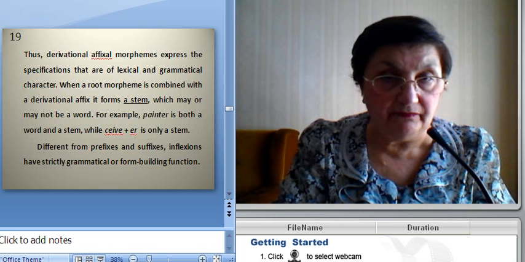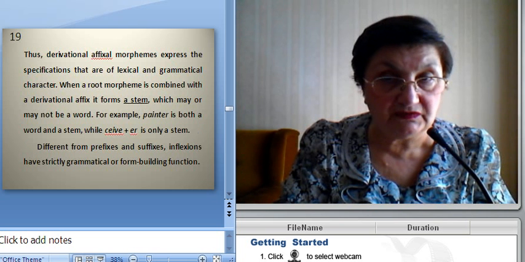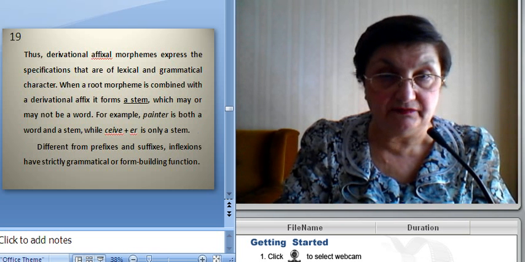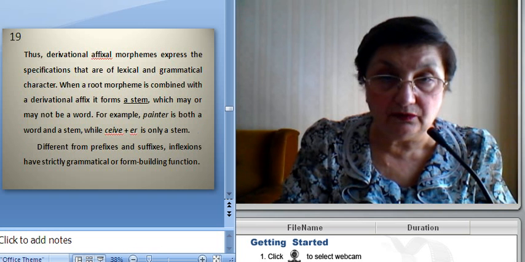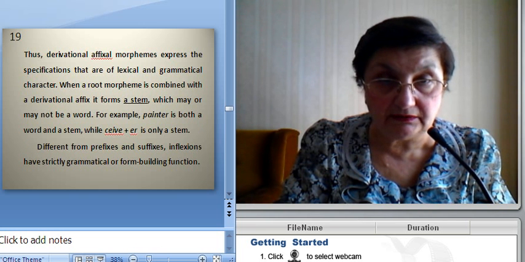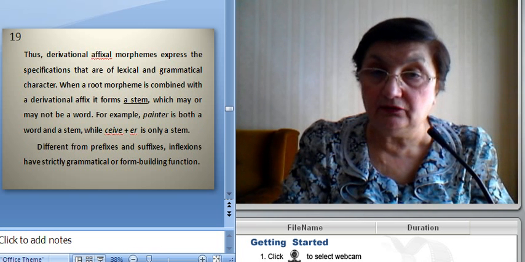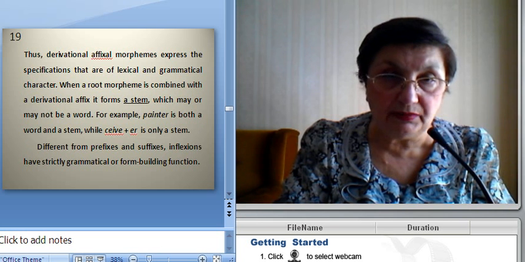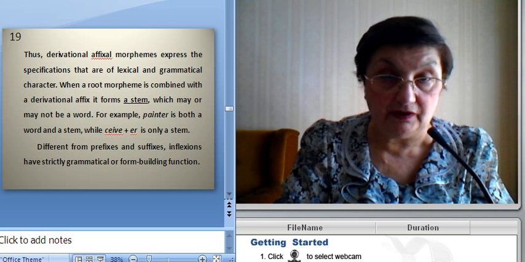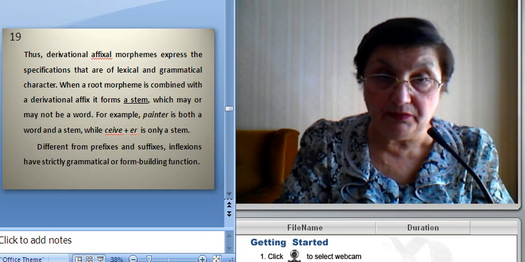When a root morpheme is combined with a derivational affix, it forms a stem, which may or may not be a word. For example, painter is both a word and a stem, while siever is only a stem.